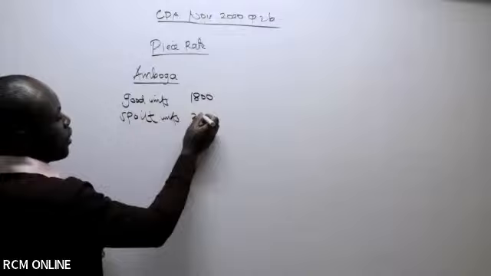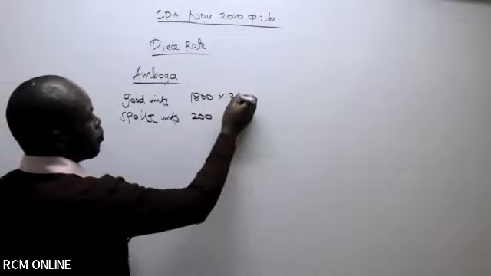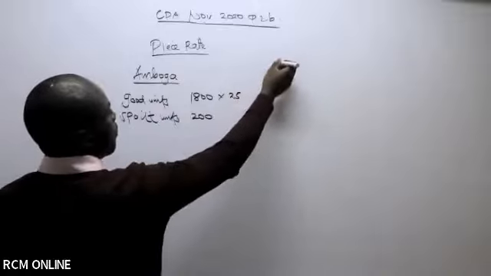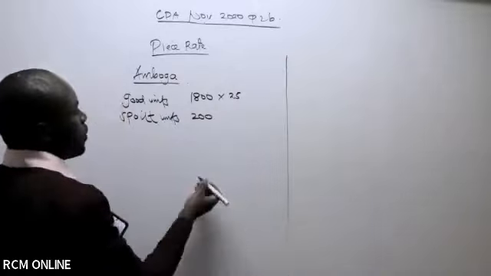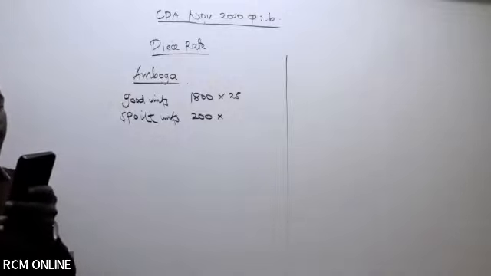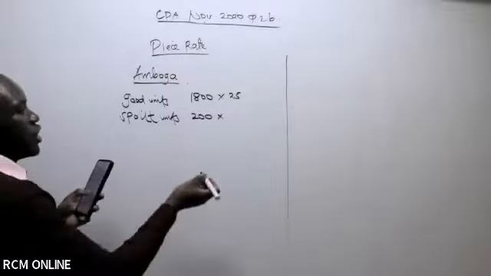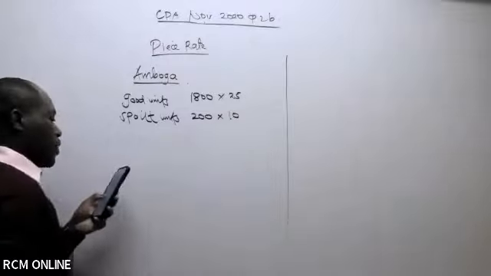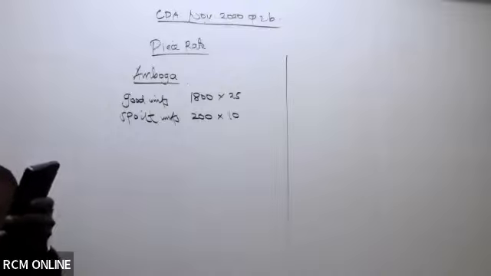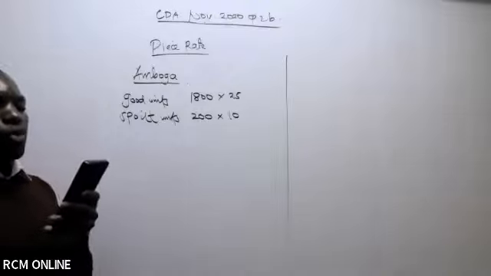Then spoiled is 200 units. So for the good units, the company is paying how much? 25 shillings, right? Then the spoiled units, the company is paying how much? Any spoiled output is paid at the rate of 10 shillings per unit, right? Then you also have a penalty. A penalty of 8% is charged based on the rate of good production.